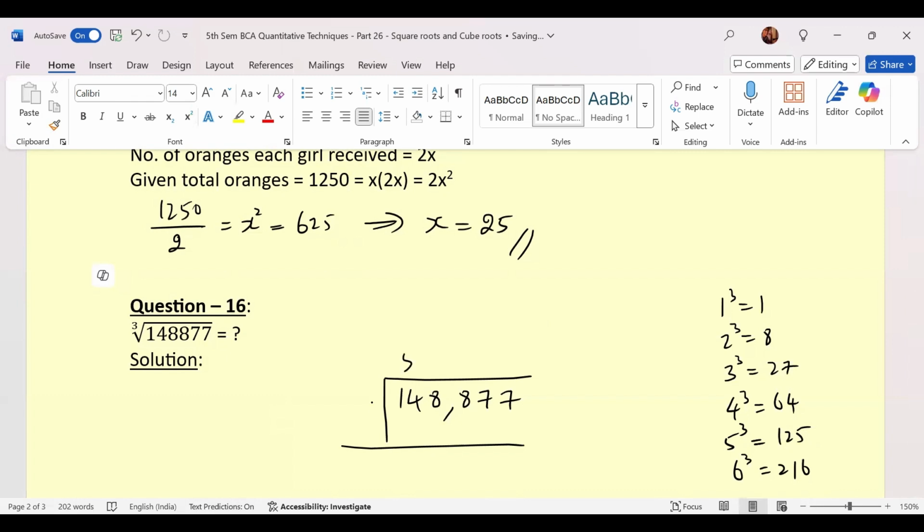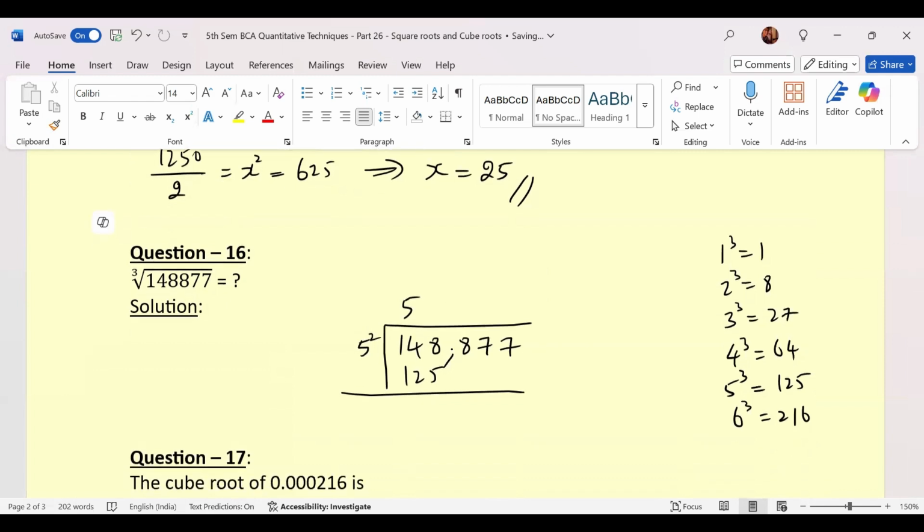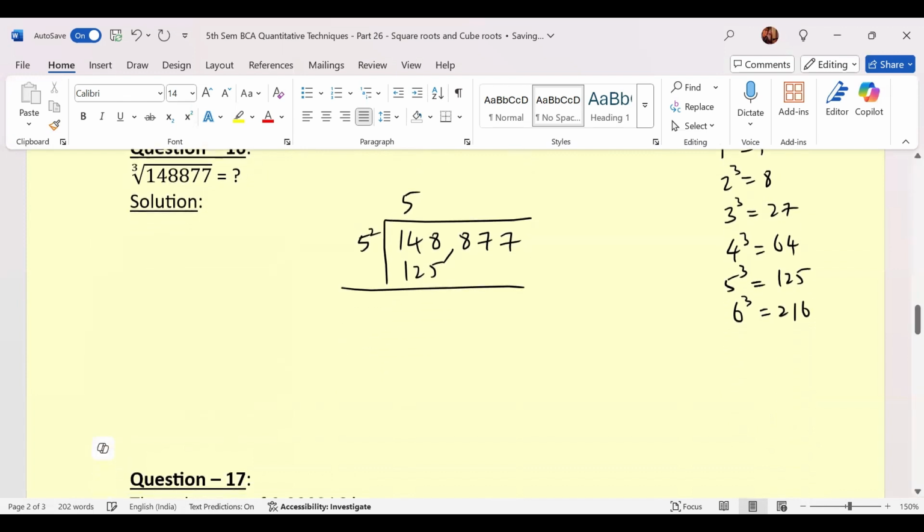So here 5 will come. We will write here 5 cube, 125. And if we subtract now, we will get 23. Next, all these digits we will copy.